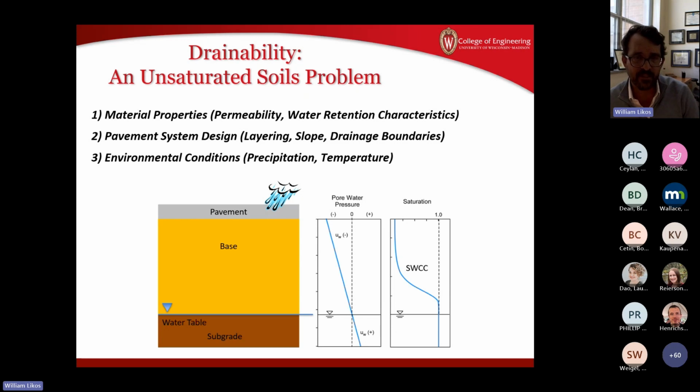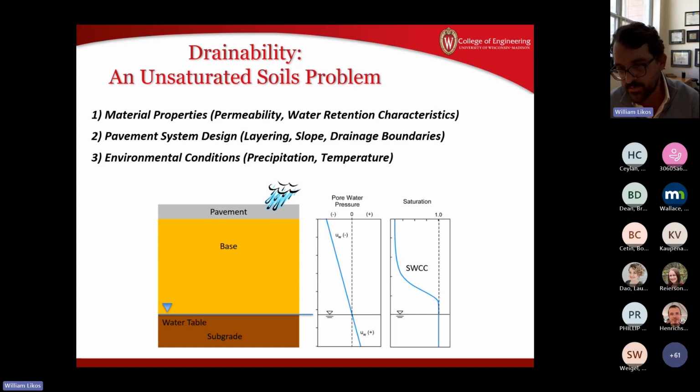Going back to the top of the slide, there are three things that really govern this process, two of which we have control over and one of which we don't have much control over. The two that we have control over are the material properties of the base. This is material that we have selected to have desirable both drainability and strength characteristics, and the drainability characteristics that matter are the permeability and the water retention characteristics.